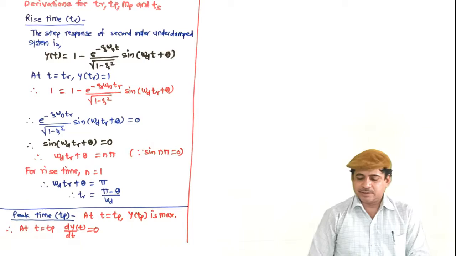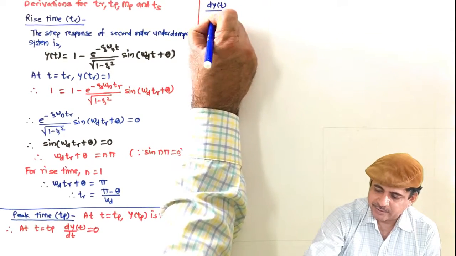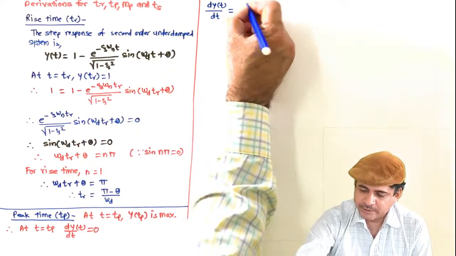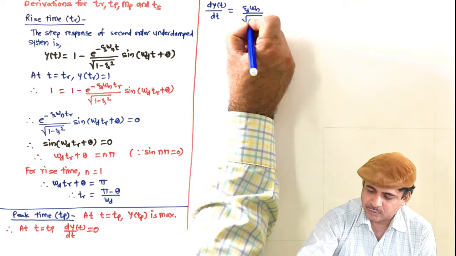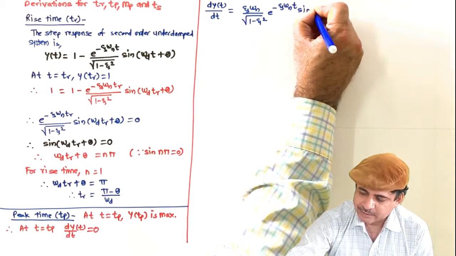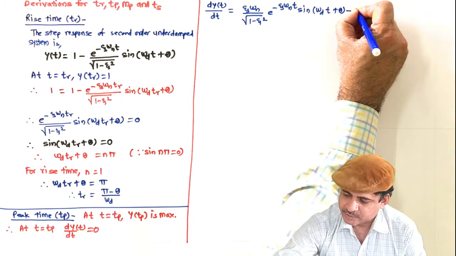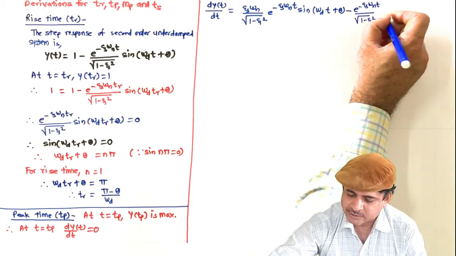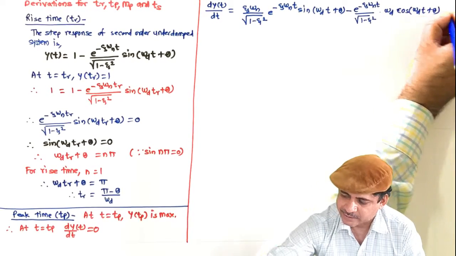So now let us find the derivative of this expression. dy of t by dt will be equal to, the constant 1 has derivative 0, and now by the UV rule, we get zeta omega n upon under root 1 minus zeta square e raised to minus zeta omega n t into sine omega d t plus theta, minus e raised to minus zeta omega n t upon under root 1 minus zeta square into omega d cos omega d t plus theta.